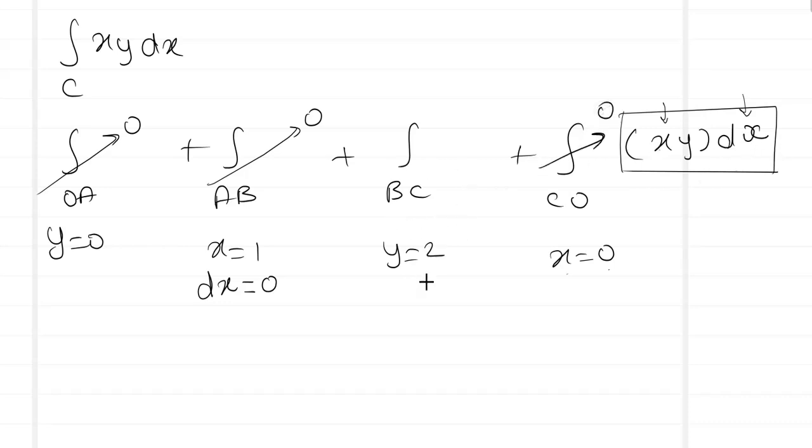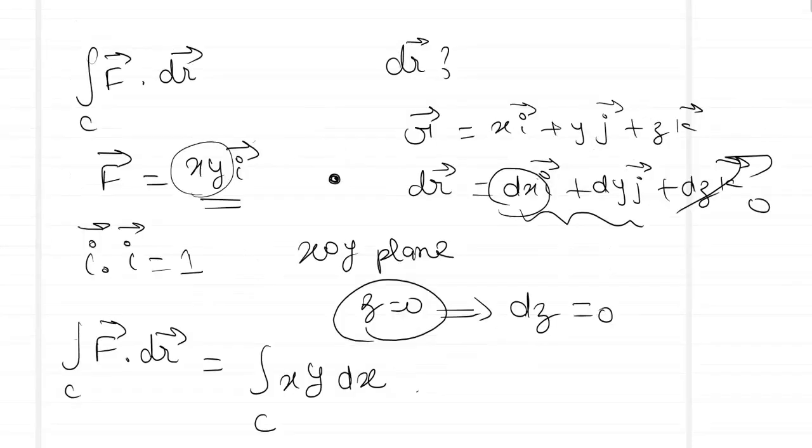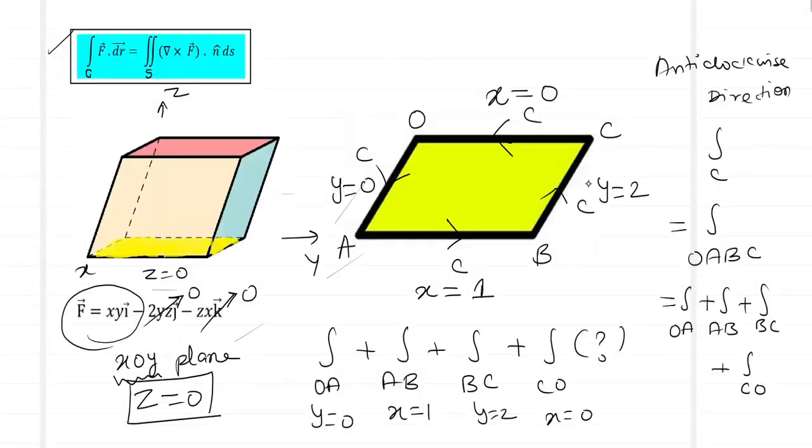So the only thing left is y equal to 2. Substitute y equal to 2. What will be left now? I will have the integral over BC. y has become 2, and what you will have is x and the remaining quantity dx. So I'll have to integrate along BC 2x dx. Along BC, I need the direction of my x. So let us go to my BC. What are the coordinates of B? x is 1 and y is 2.